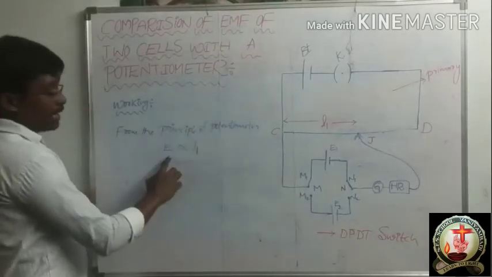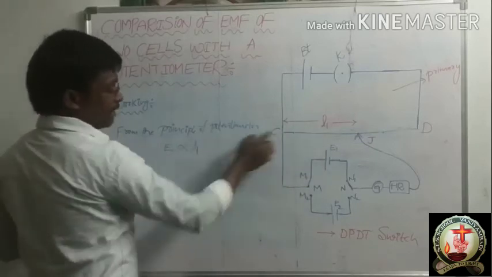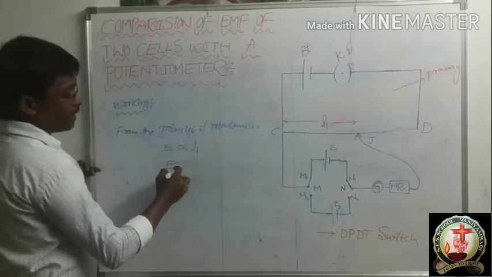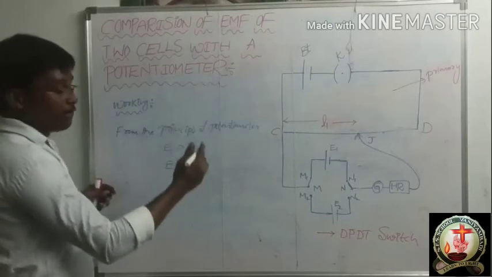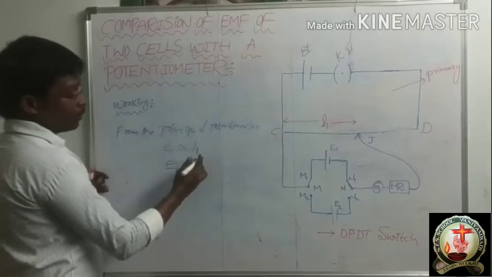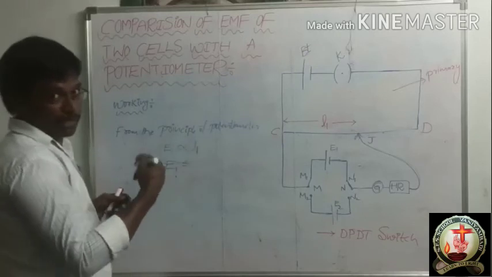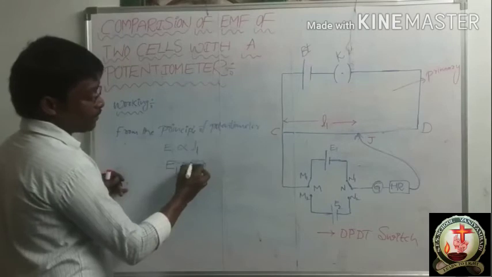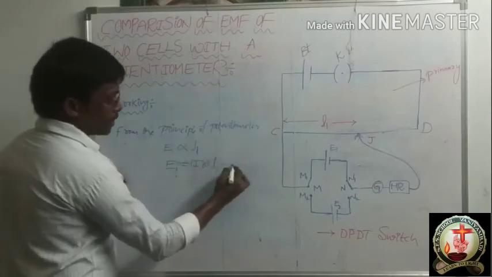So E1 is directly proportional to L1. Now I am changing this expression from directly proportional to equal. Whenever we convert directly proportional to equal format, we should take some constant, correct? So here I am taking the constant I into R. So E1 equals I R L1. Give equation number 1.